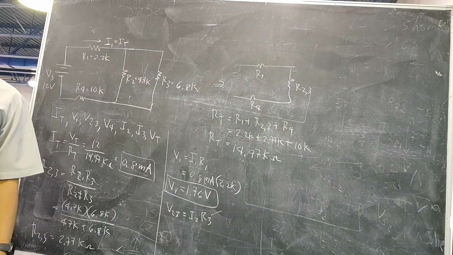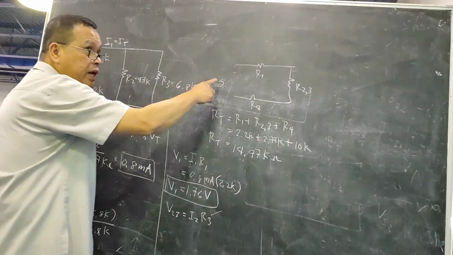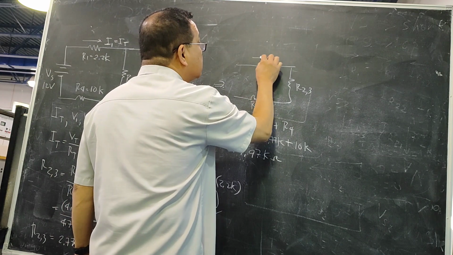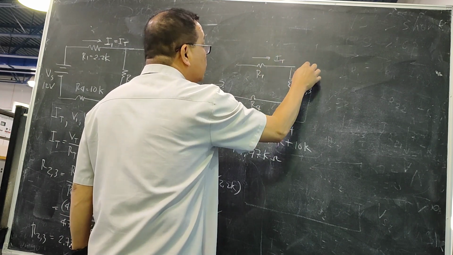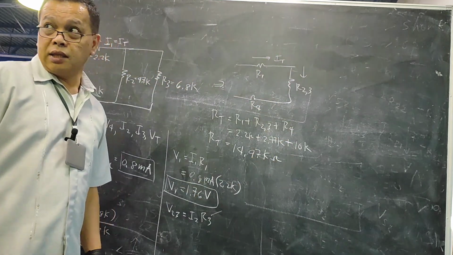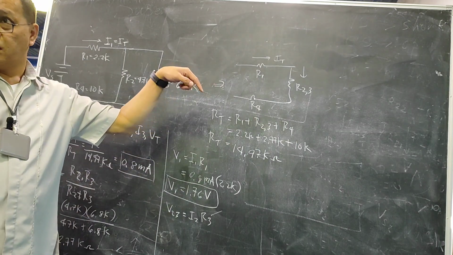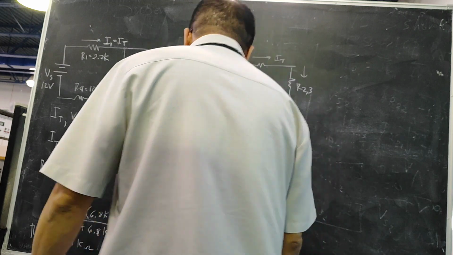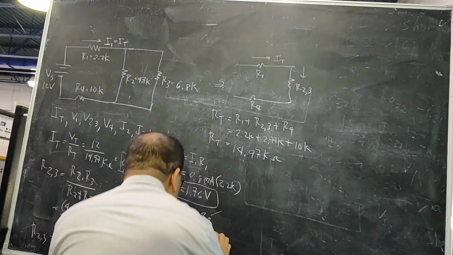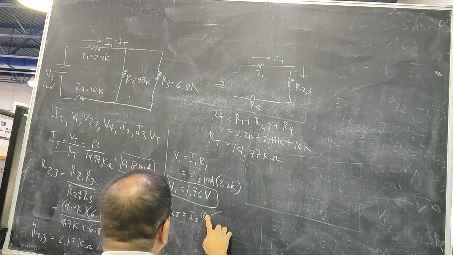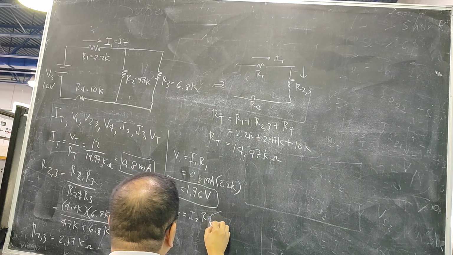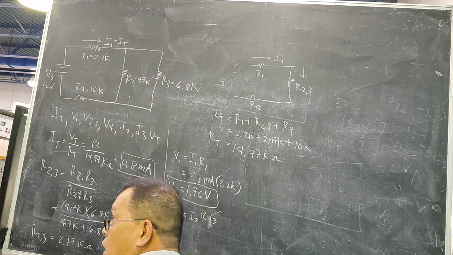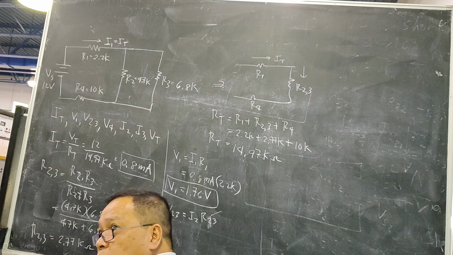From this diagram, the I total here is also equal to this I here, flowing to this side. So therefore, we can say this can be written as R23. Is that correct?